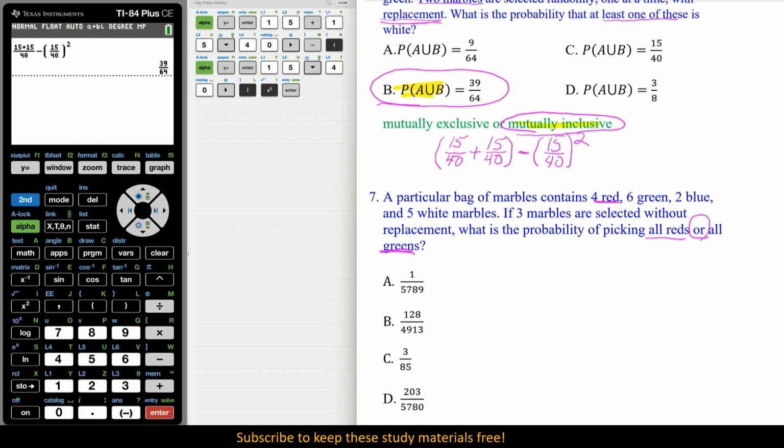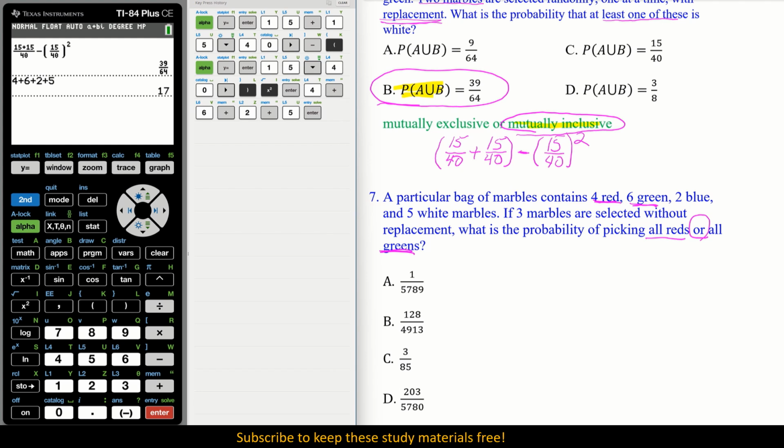So there's my red, there's my green. Now we don't have a total, so I'm going to pop that in the calculator: 4 plus 6 plus 2 plus 5. Yes, that's simple, but like I've said so many times, don't use your brain power for these things. So when I add those together, that's a total of 17.